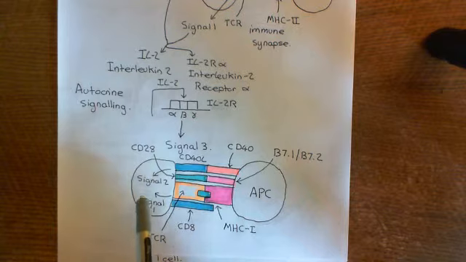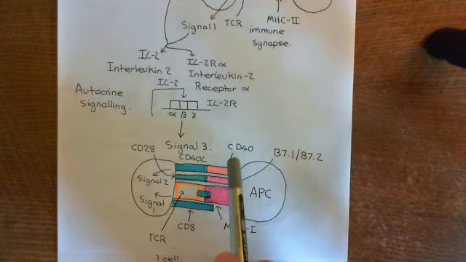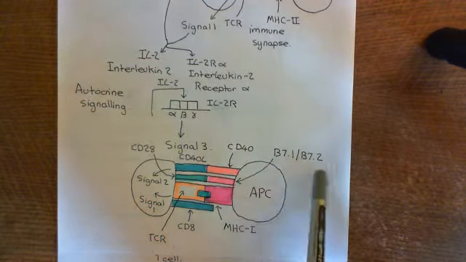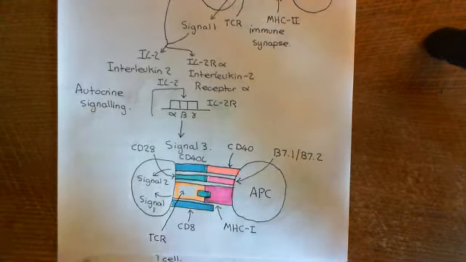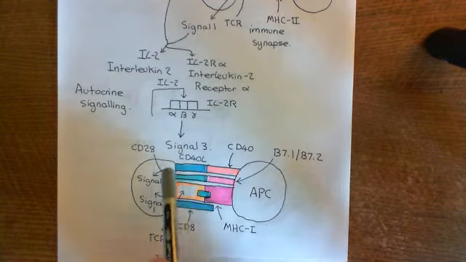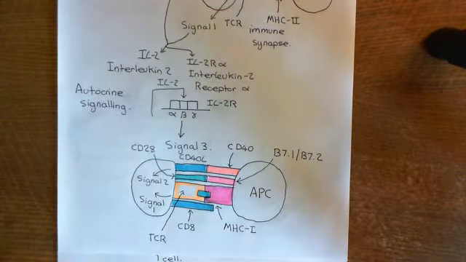This delivers signal 1 to the CD8 positive T cell. Then the co-stimulatory molecules, CD8 and B7.1 or B7.2, they will activate their receptors. So CD8 will activate the CD8 ligand, and B7.1, B7.2 will activate CD28. This will deliver signal 2.